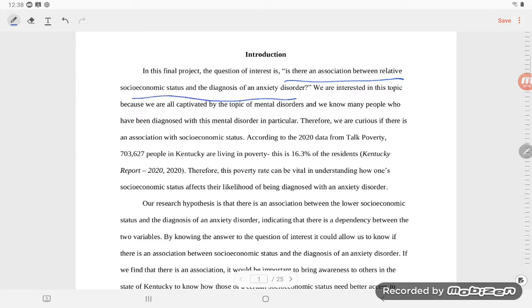And now, why are they interested in the topic? They mention a reference here as to why they might have been interested in this, or why anybody might be interested in this question.